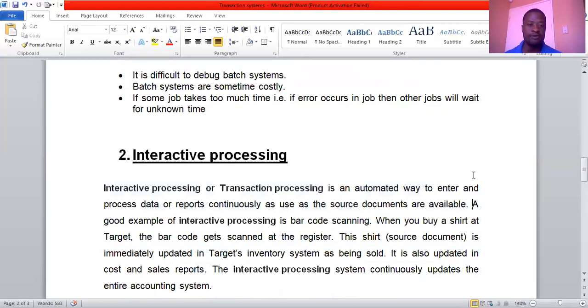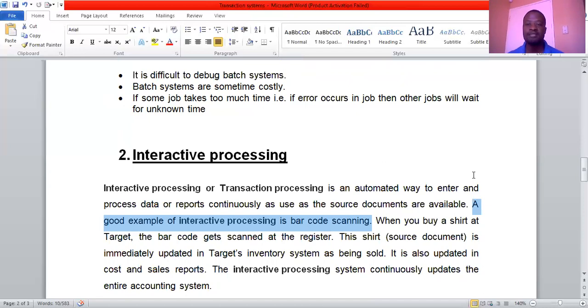A good example of an interactive processing system is barcode scanning. I know you guys have been to the supermarkets. You bought some items or groceries, or at certain stores, and you have seen this system, the barcode scanning, where you come at the teller and the cashier scans the barcode of your item, and that is processed right on the spot.